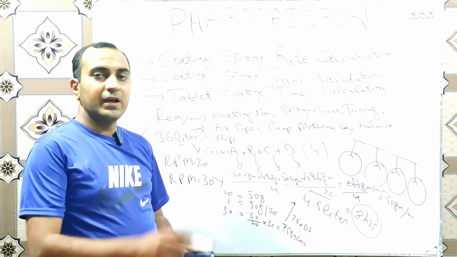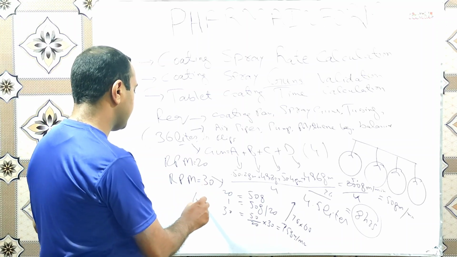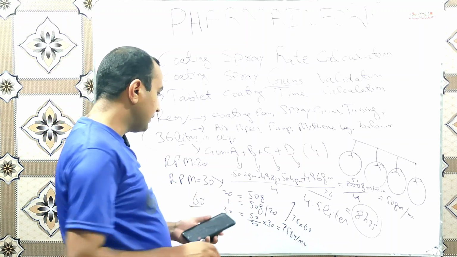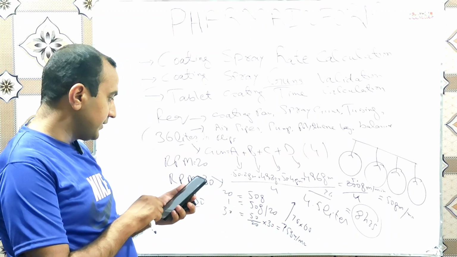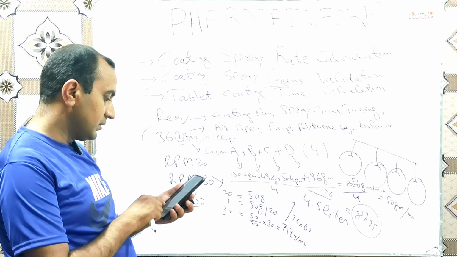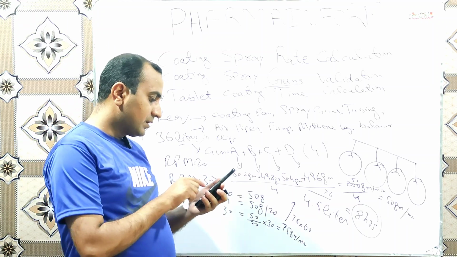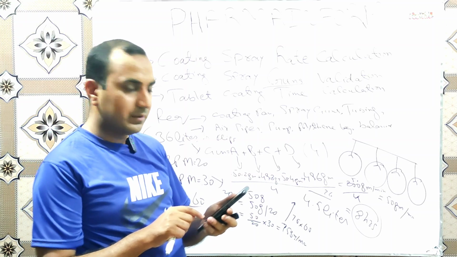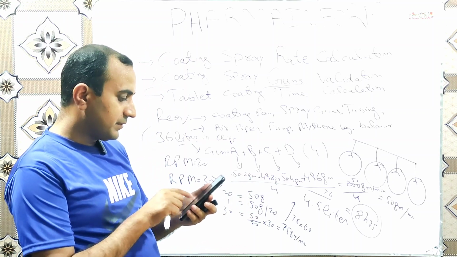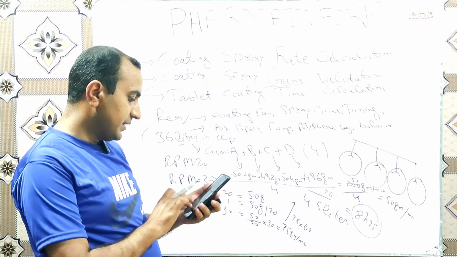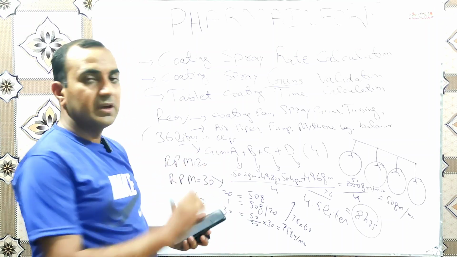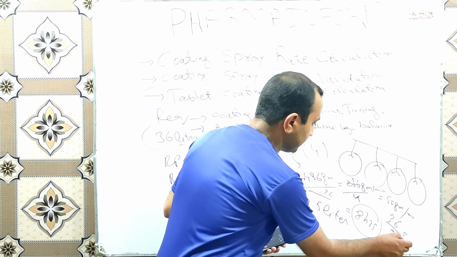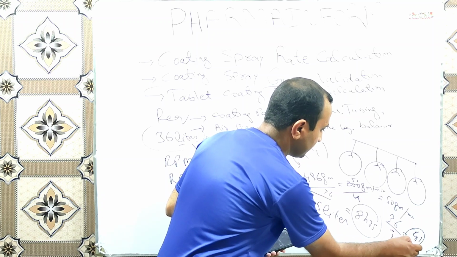If you increase it to 60 RPM, we will calculate 50 divided by 20 into 60, which is 150 gram per minute. 150 into 60 is 9000 grams per hour, divided by 1000 is equal to 9 liters per hour. So if we divide 36 over 9, the answer will be 4 hours.